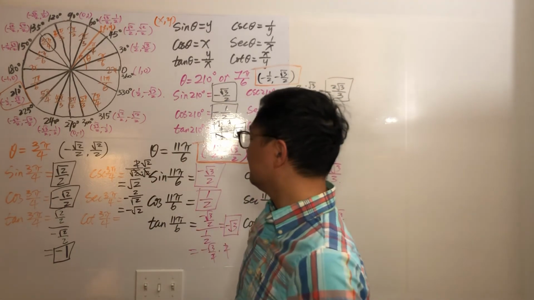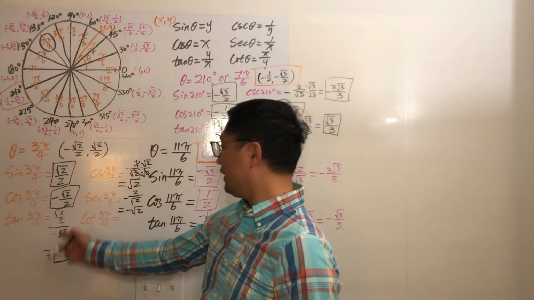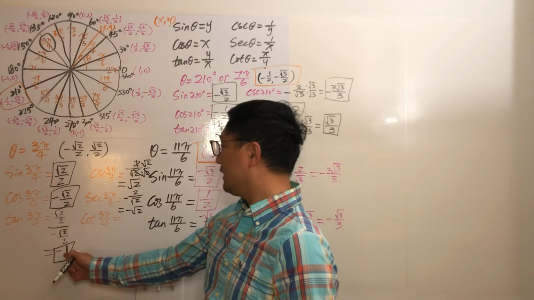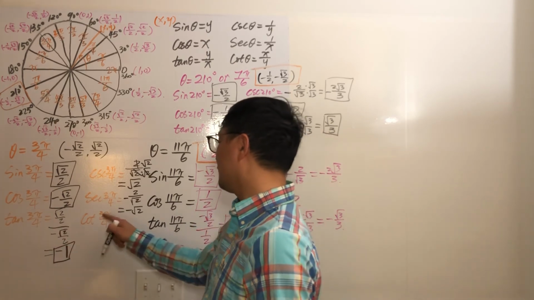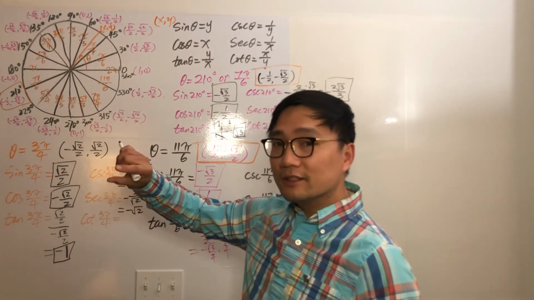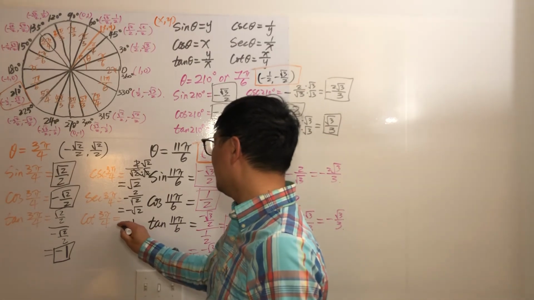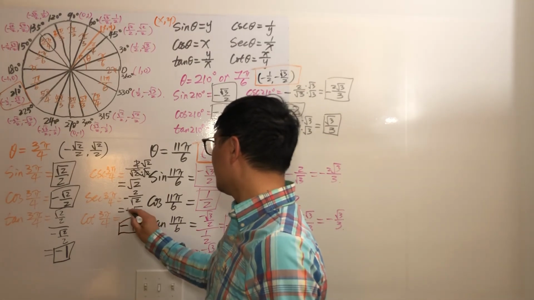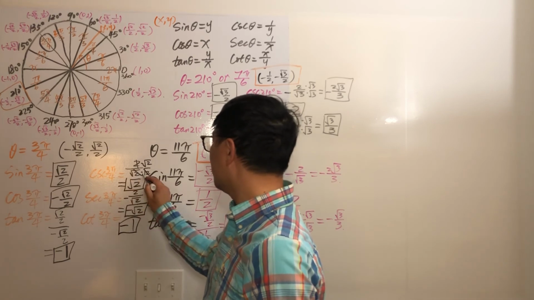So last one, cotangent 3 pi over 4, it should be the flip of the tangent, but the tangent of 3 pi over 4 is negative 1. That means cotangent 3 pi over 4 is also flipped, which is also the same thing. So now you have the answer.